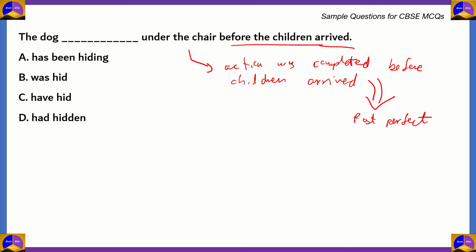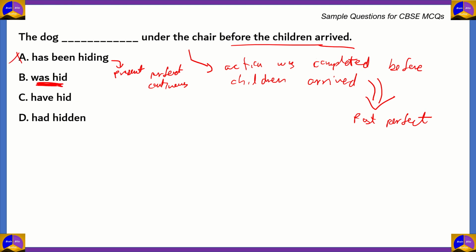So let's look at the following options. Has been hiding. This particular phrase is present perfect continuous. So therefore, option A is incorrect. It's the wrong tense.